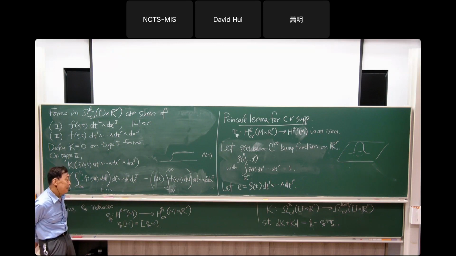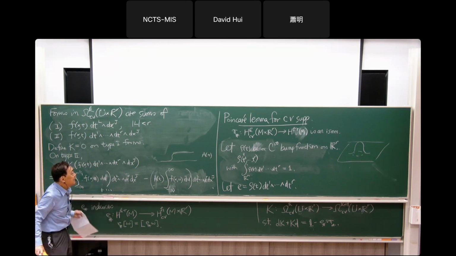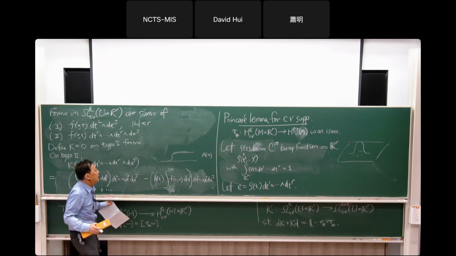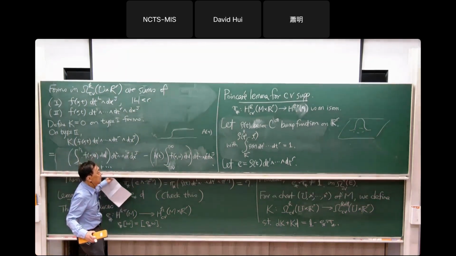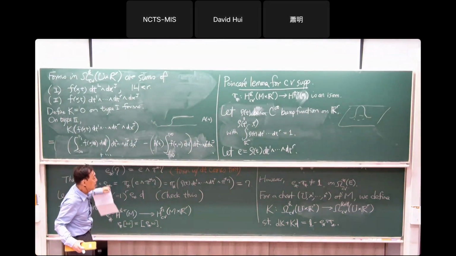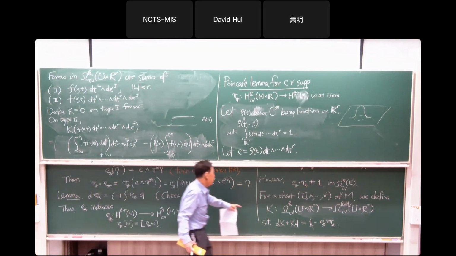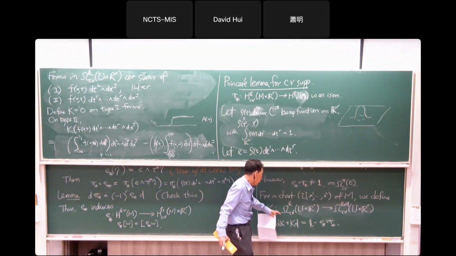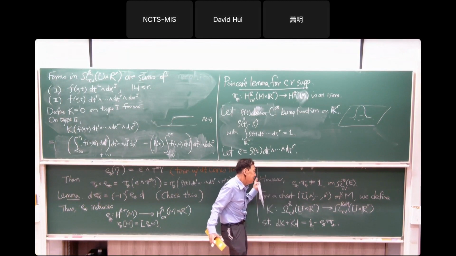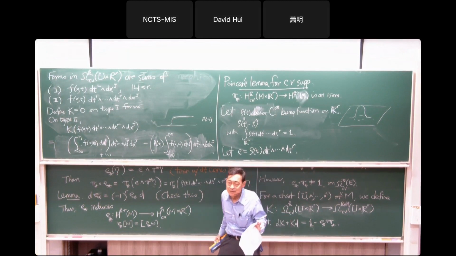All right, so we have to do this again next time. But the goal is to define this cochain homotopy, and whatever the formula should be.